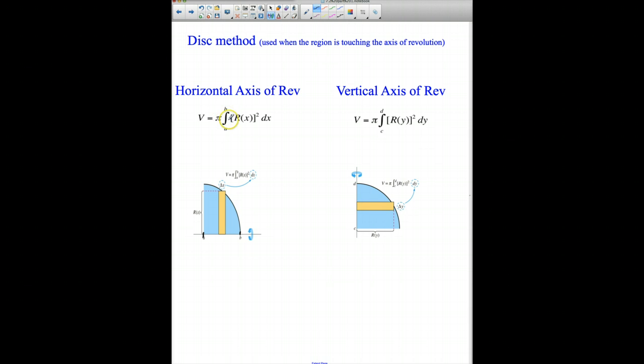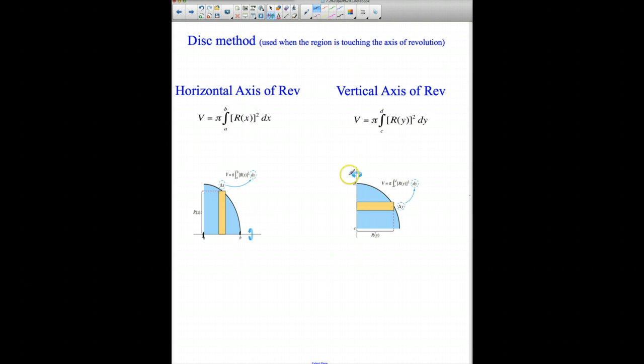This pi, remember, was inside here in the previous screen, but it is a constant, so it can come out. So it's pi times the integral from a to b of the radius, which is the function, top minus bottom, and the bottom is 0, so top minus bottom, we still do that idea, squared dx.